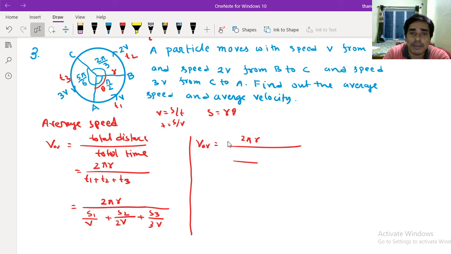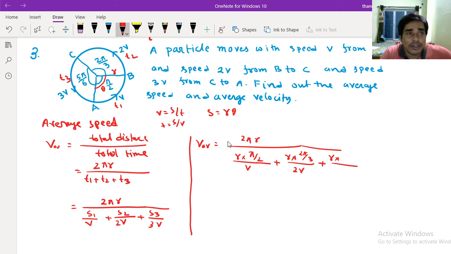Using this formula you can calculate S1, that means S1 will be r into pi by 2, and here is v plus, here is r into S2 equals r into 2 pi by 3 by 2v, and here is r into 5 pi by 6 by 3v.